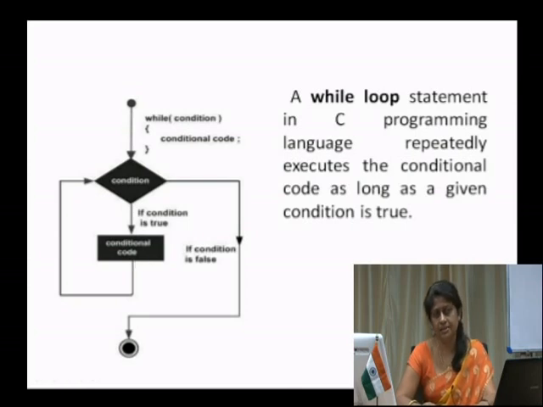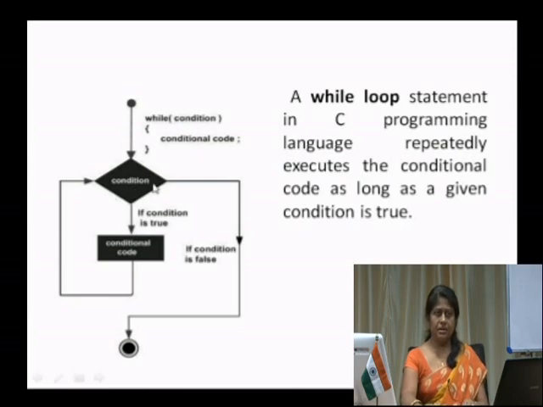This could be a single statement or multiple statements. And after the completion of this conditional code, the control is going to be transferred back to the condition, and then the condition is evaluated once again. If it happens to become false over here, then the control would be transferred to the next statement.